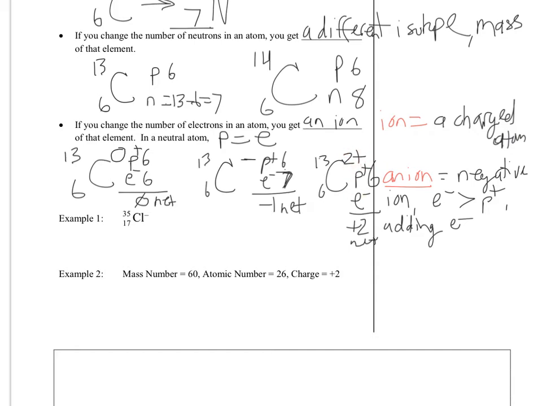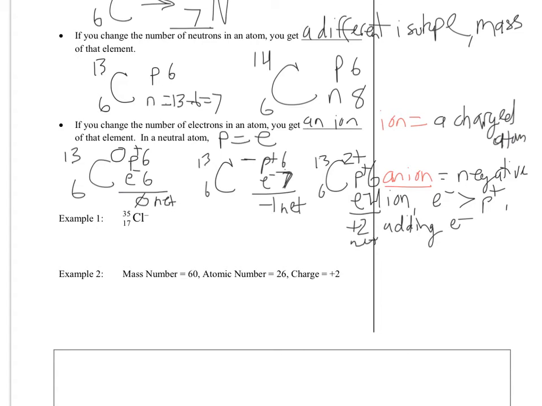If I add 2 more protons, it's not carbon. It's going to have an atomic number of 8 then, and it's going to be oxygen. So all I can do is take away electrons. If this is +2, that means I have 6 positives, 2 more positives than negatives, which means I'm going to have 4 negatives, 4 electrons.